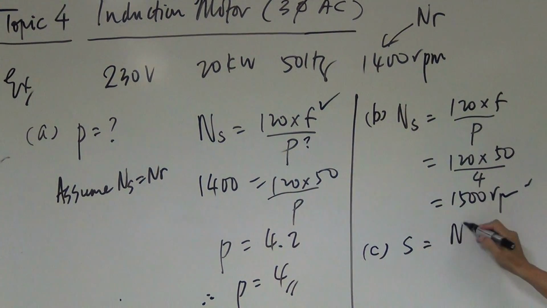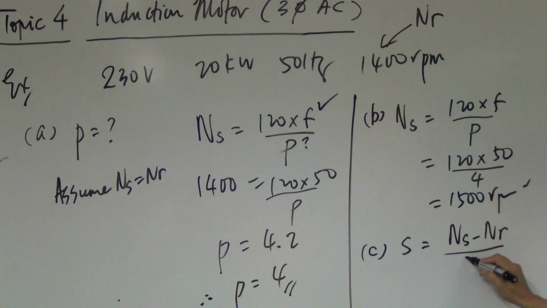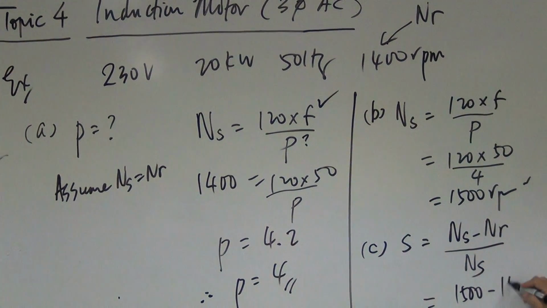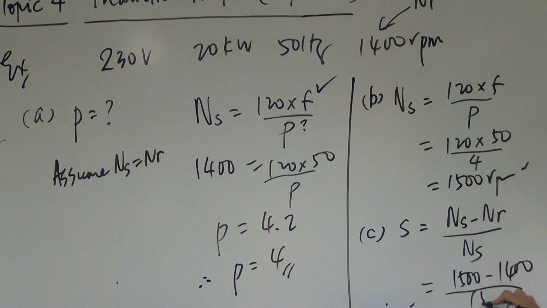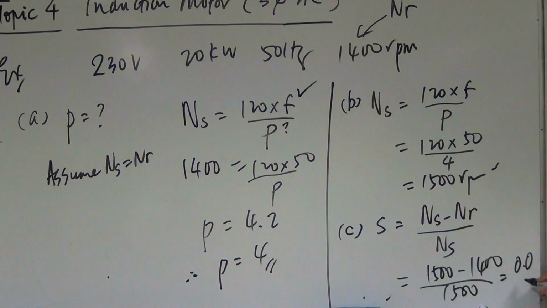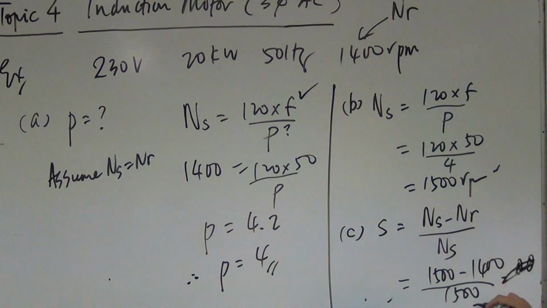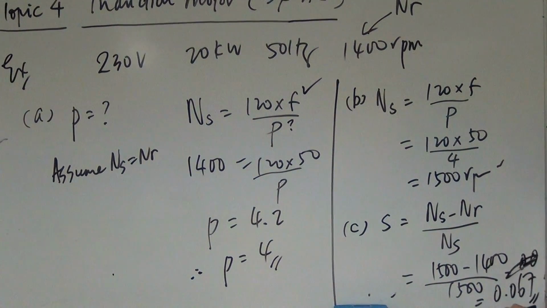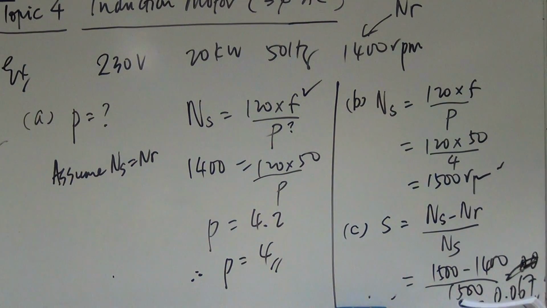Slip is equal to Ns minus Nr over Ns. So that is equal to 1500 minus 1400 divided by 1500, and that gives us 0.067. Slip has no unit.